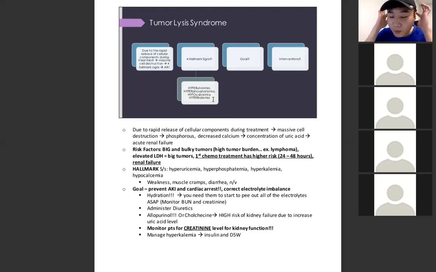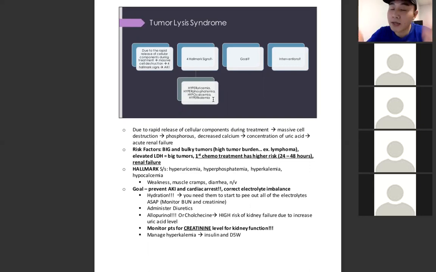Okay, let's think with me. Every cell, guys, contains electrolytes, including phosphate and potassium. Cancer cells or tumor cells are also made of many cells like that.